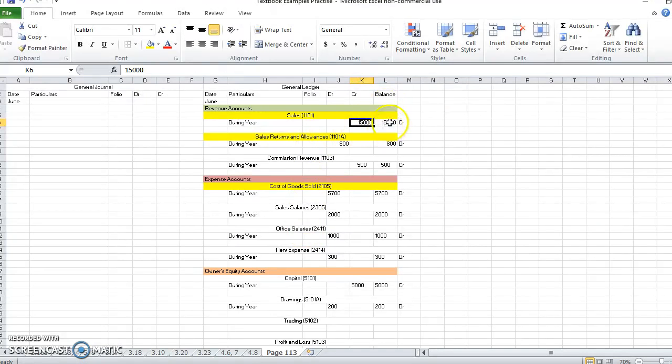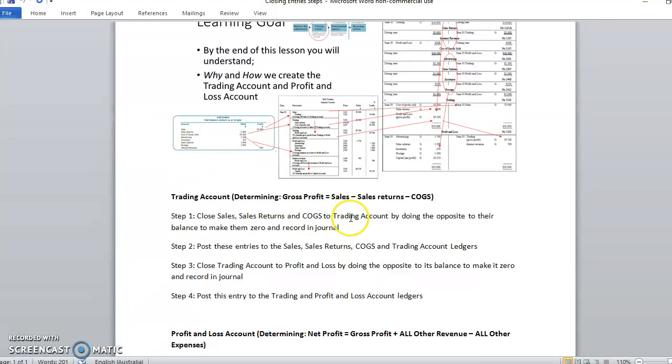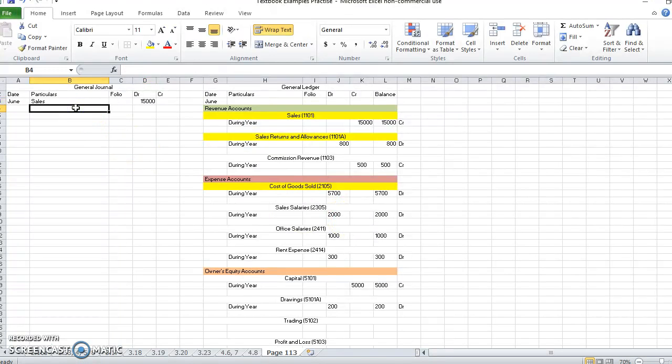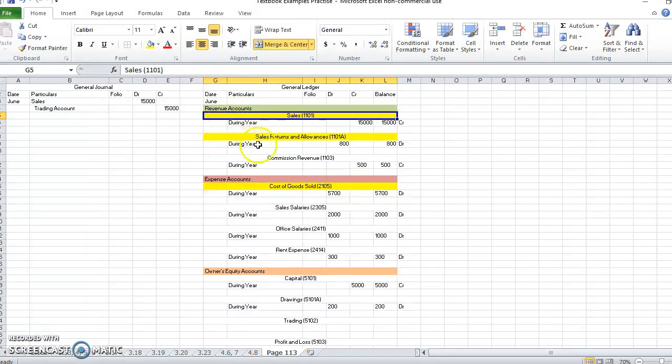So the balance on the sales is credit 15,000, so we'll debit sales for 15,000. The other side will be the trading account, 15,000. This one's done.